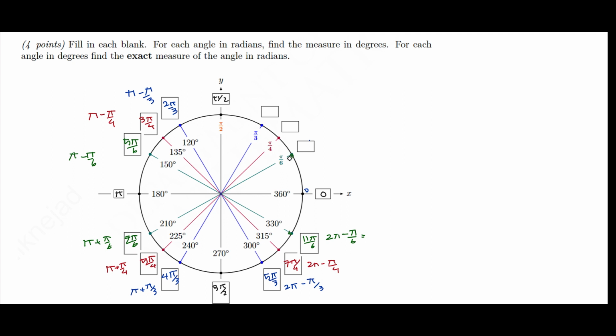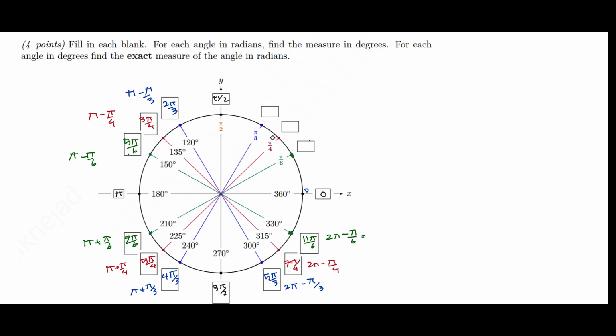I go 1 pi 6, which is the reference angle. 2 pi 6 simplifies. 3 pi 6 simplifies. 4 pi 6 simplifies, so 5 pi 6 is the next one. And then 6 pi 6 simplifies. 7 pi 6 is the third one. Again, 8 pi 6 simplifies, 9 pi 6 simplifies, 10 pi 6 simplifies, 11 pi 6 is the next one.